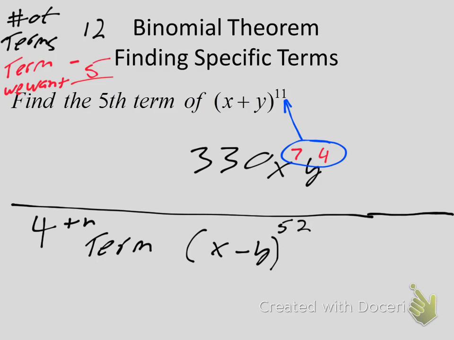Okay? So when you have a power of 52, how many terms are you going to have? 53. One more. Okay? You're always going to have one more term. All right, so 53 terms total. Now, what is your coefficient?